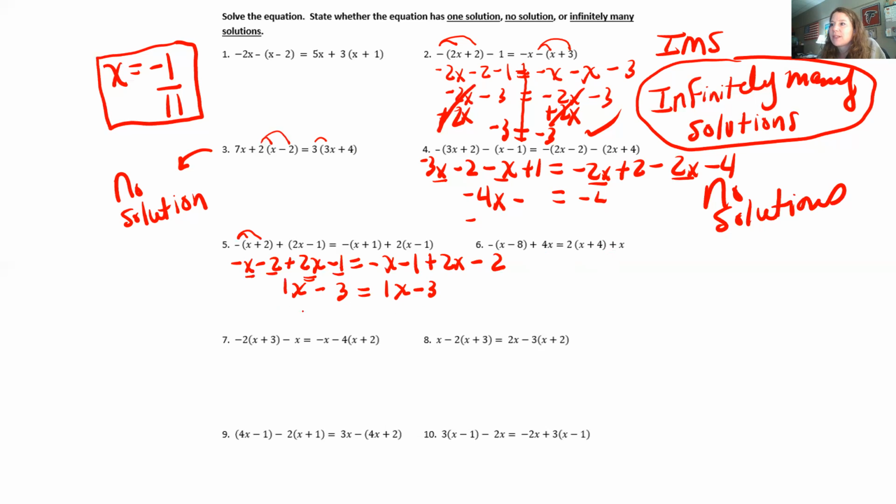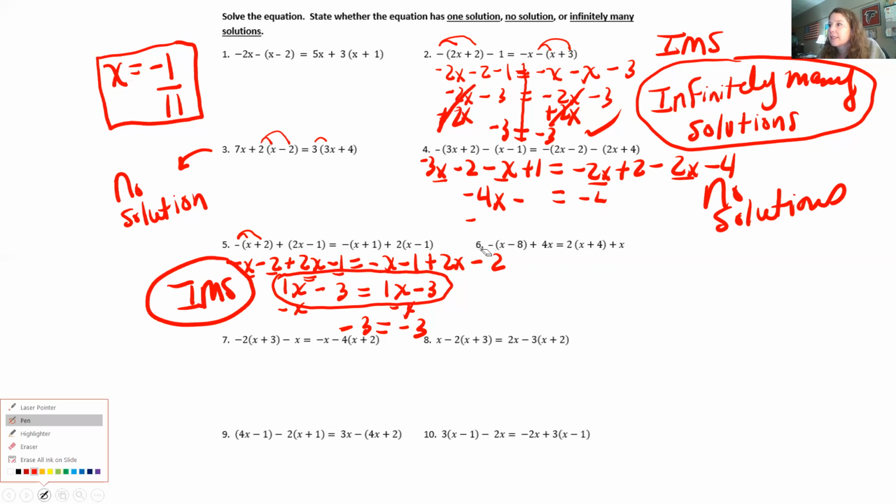If I tried to get rid of my x's, they would both cancel and I would end up with -3 is equal to -3, which is true. Or like I said, I could have stopped right here because they match perfectly. They have to match exactly. Not one symbol can be different. So this is infinitely many solutions, number 5.